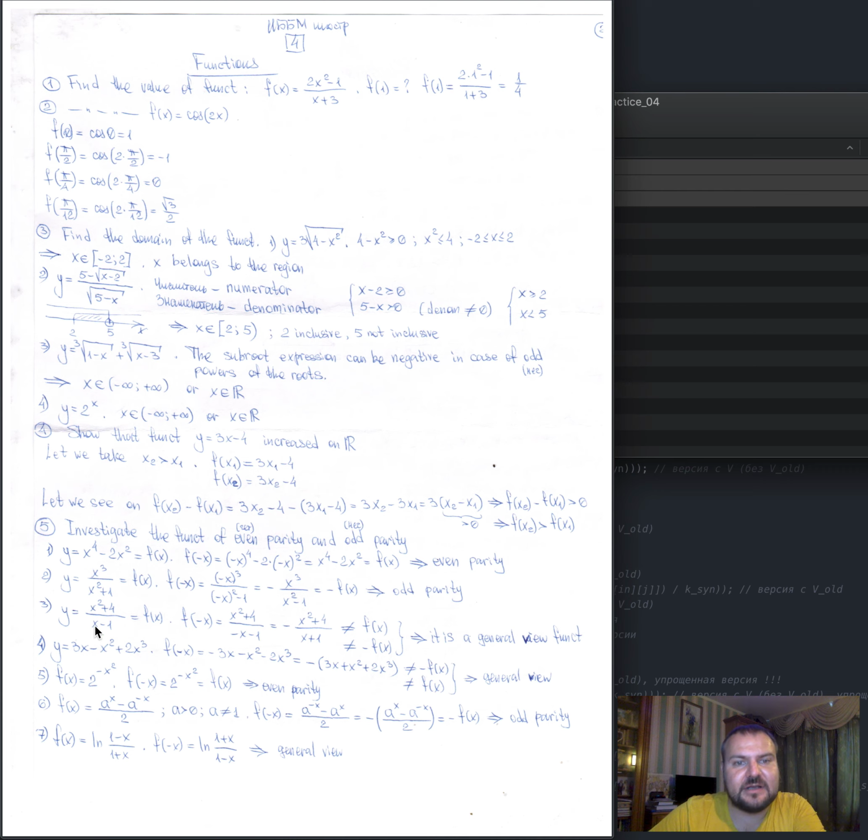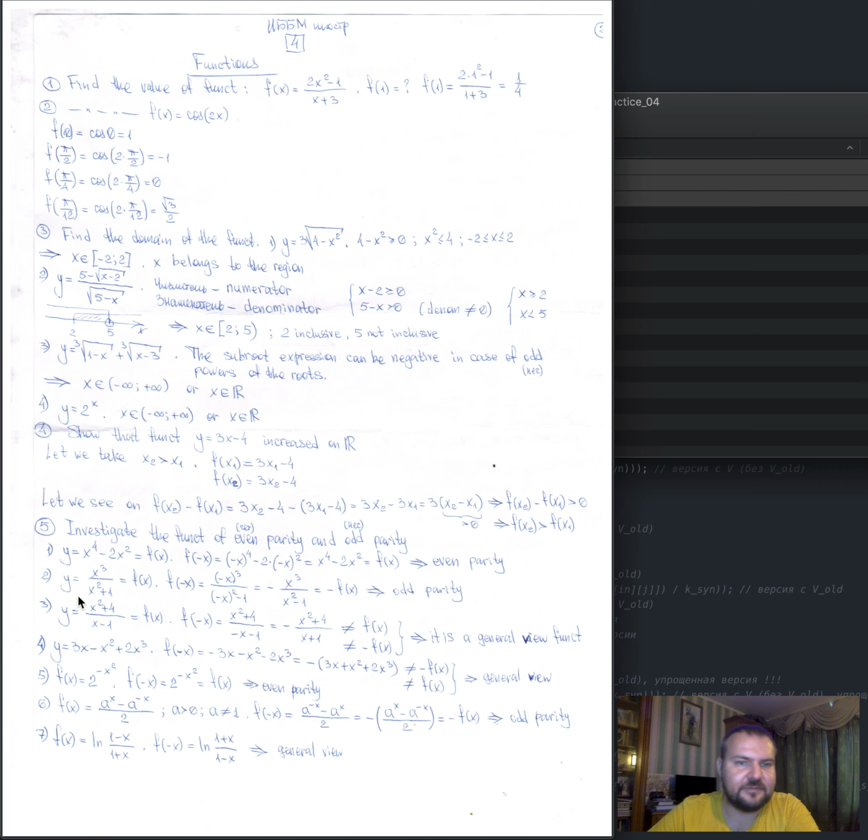First example, y equals x to the fourth minus x squared, let it be f of x, and we need to check even parity. If f of minus x equals f of x, it is the definition of an even function. Here we check it, and of course f of minus x equals f of x, then it is even.